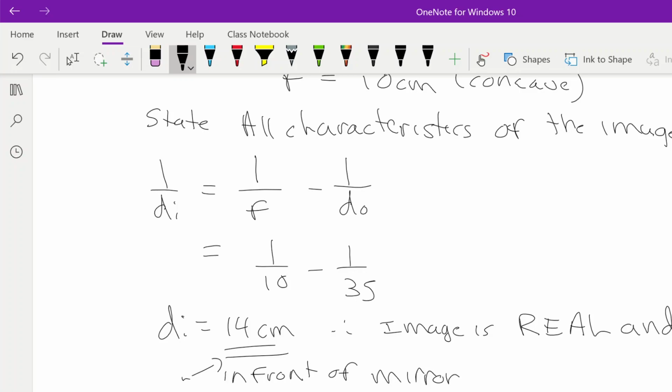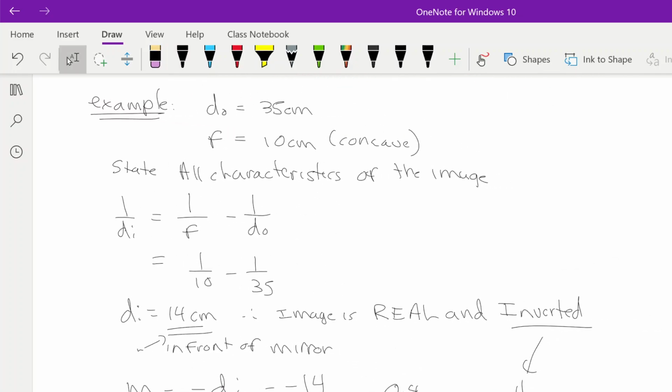So it's therefore smaller. And we already got that it's inverted also. It's inverted because of the negative sign. And you see, that is very simple. That's how you do the magnification equation, and that's how you do a mirror equation problem. It's really easy. Use your calculator. No problem for grade 9s, I think.